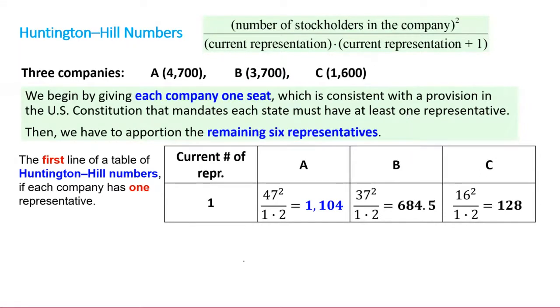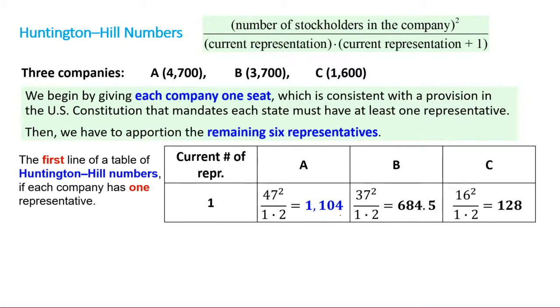The 1 plus 1, the next number of representatives will be 2. So the denominators are the same for every company. So in Huntington Hill numbers, you will see such tables. The first table suggests that every group has one representative, and when we assign the second one, we find the Huntington Hill numbers, and we decide who gets the second one.